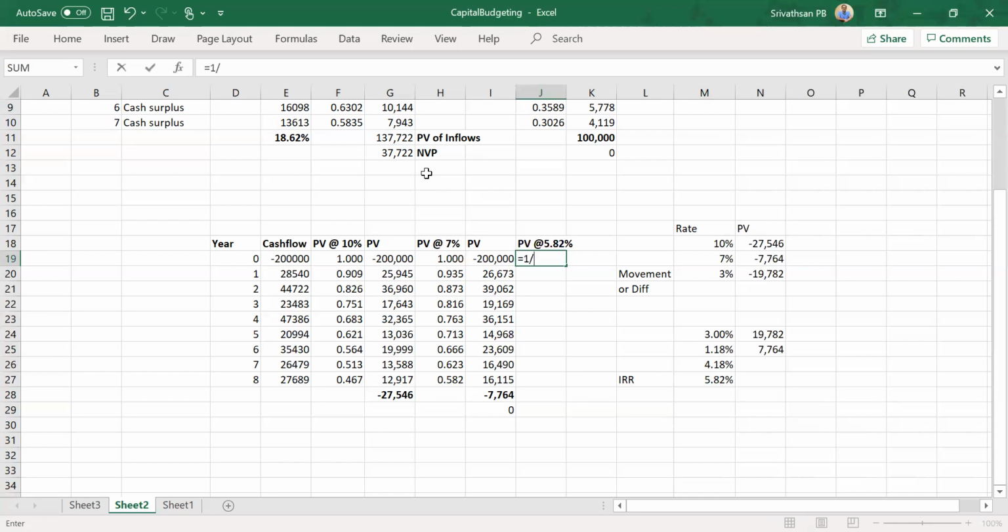Equal to 1 divided by 1 plus R, our rate is 5.82, to the power number of years. Since anything to the power 0 is 1, we get 1. I'm just pasting it for the sake of format. So updated the formula.